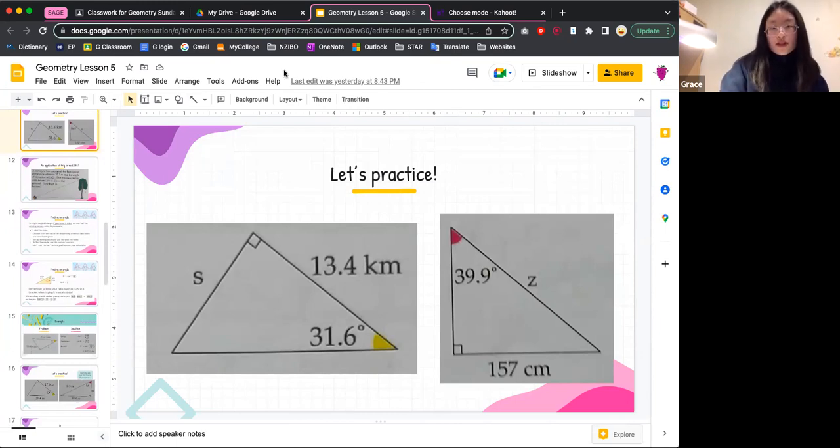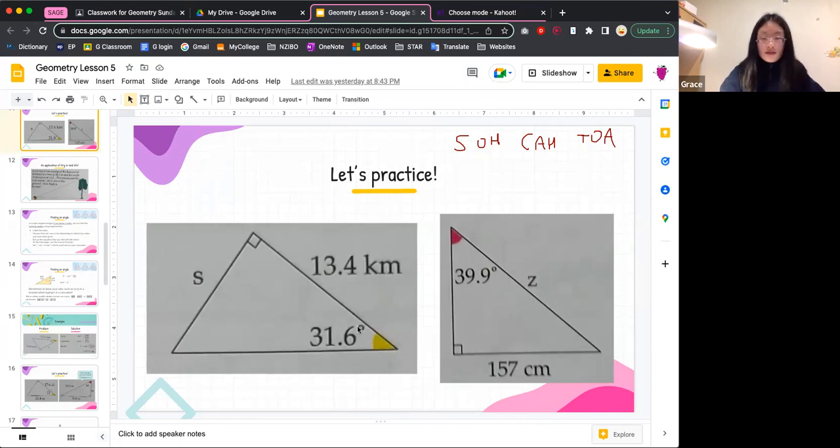I'll just write SOHCAHTOA on here. Okay, how about we start off by labeling the sides?